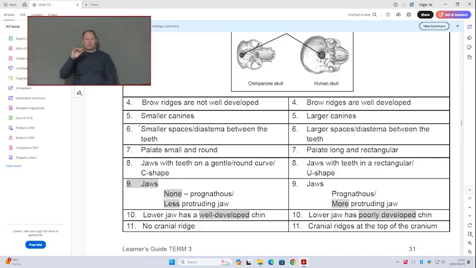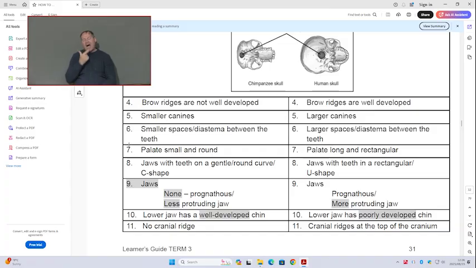Then the 6th one is that we have smaller spaces between the teeth, which is us, the modern humans. We have smaller spaces between our teeth, and then other primates have larger spaces. Now, one word for the space in between the teeth is diastema.